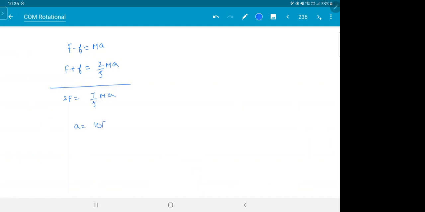Acceleration will be 10F by 7m. Alpha would be A by R, 10F by 7mR. In this question, they can ask to find the friction also. So what will be friction? F minus f is equal to m into A. So you get friction will be minus 3F by 7.